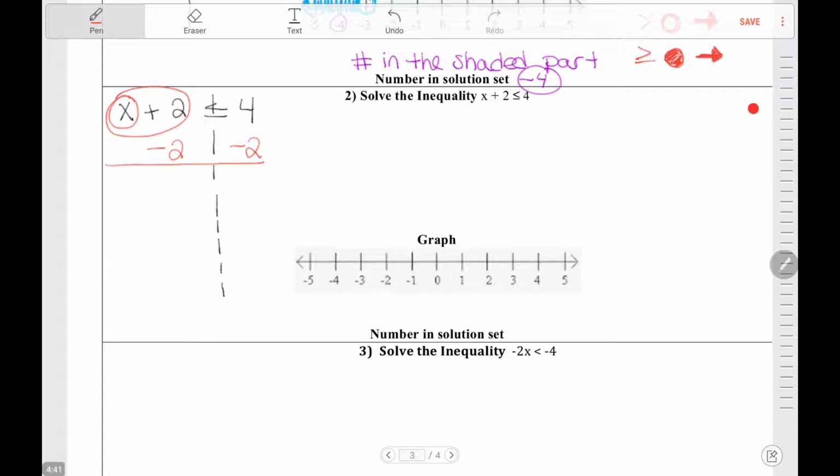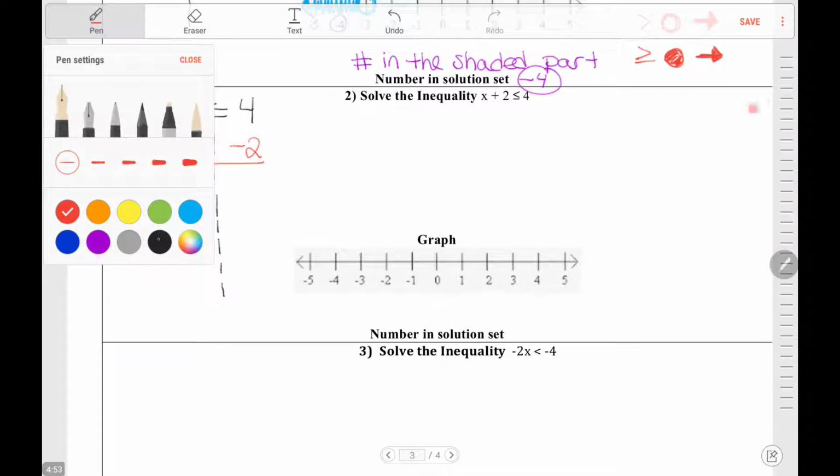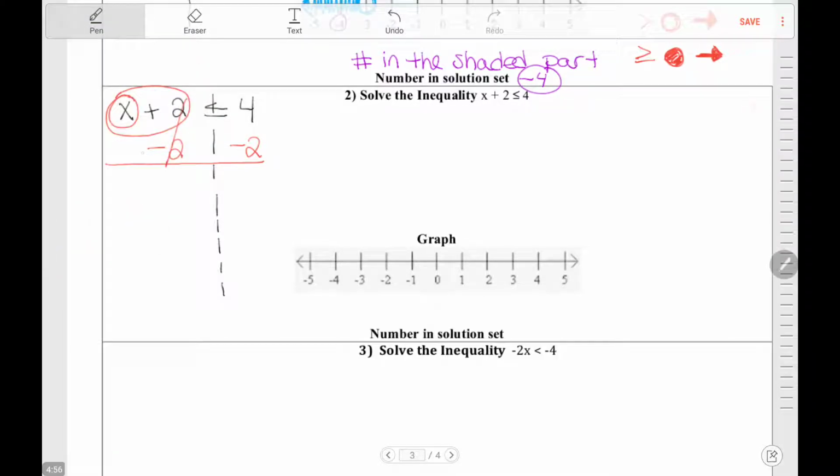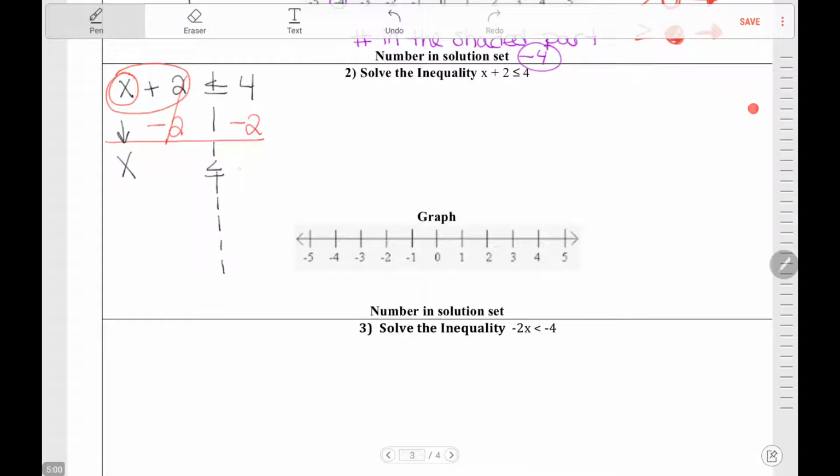Okay, and it is a negative 2, but am I multiplying or dividing it? No. So that means I don't have to do anything different. No golden rule. So this cancels out. I bring this down. I bring my symbol down. 4 minus 2 is 2. Okay, so when I'm not multiplying or dividing, I don't have anything to change.